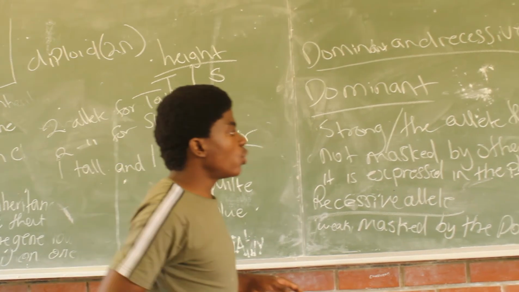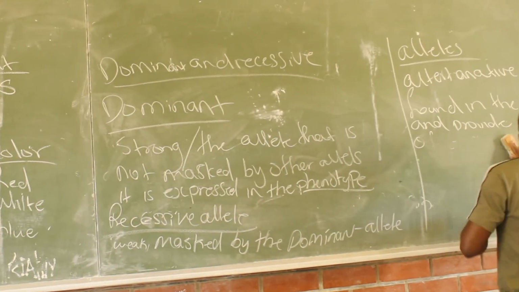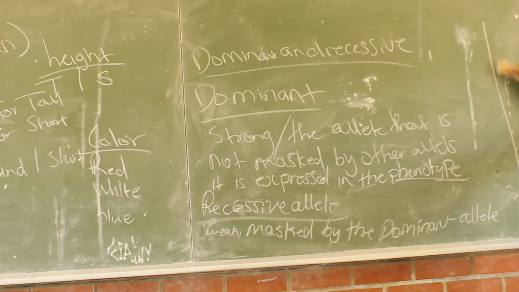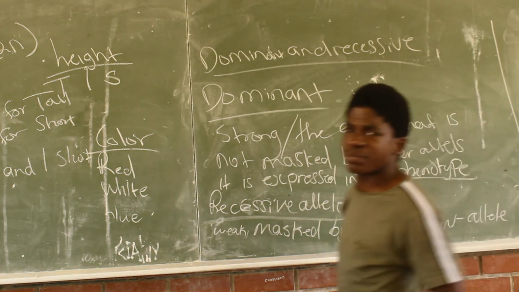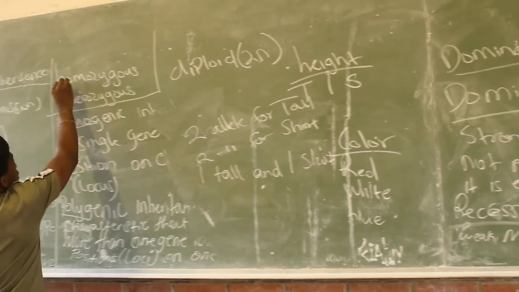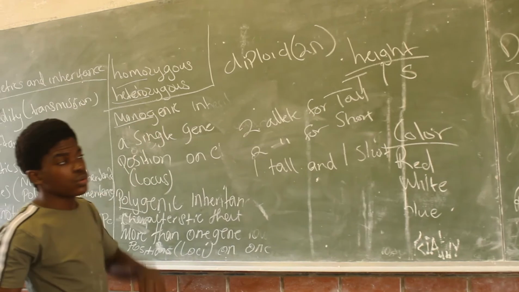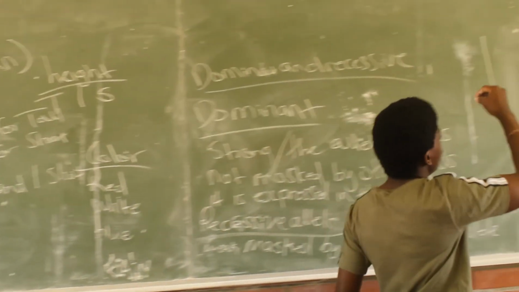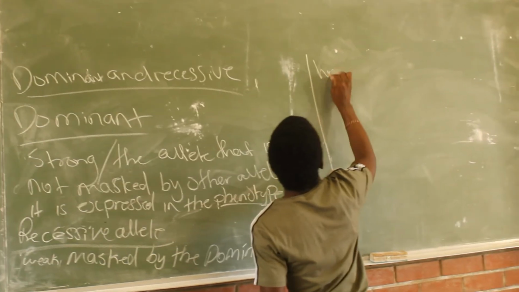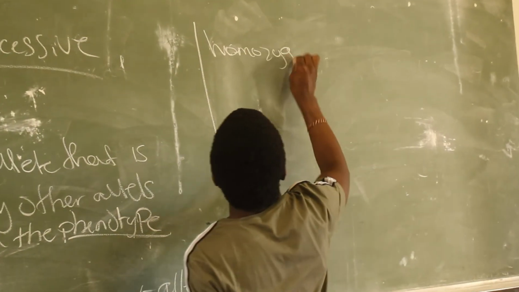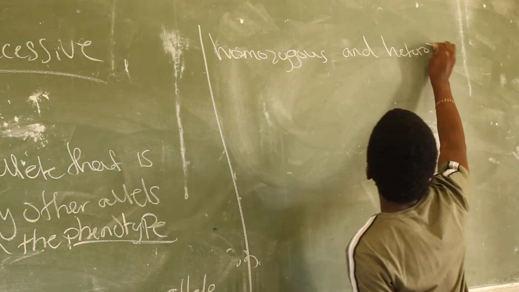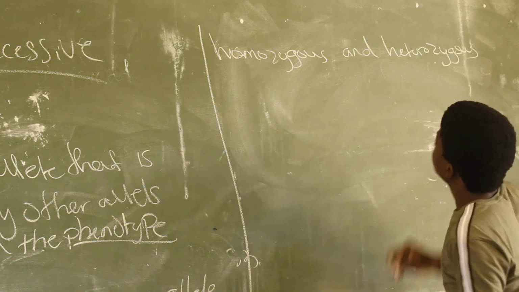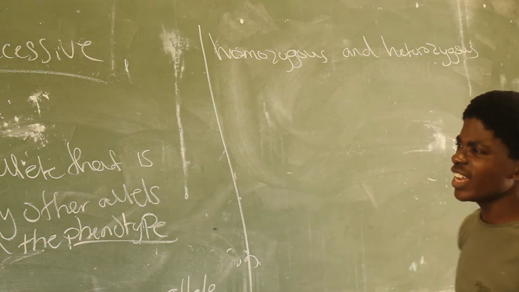Let's go to homozygous and heterozygous. We have dominant and recessive alleles, and now we are talking about homozygous and heterozygous. Big science words.